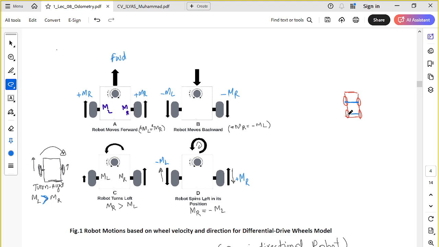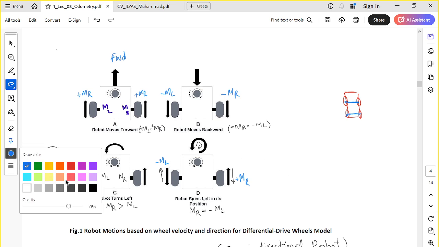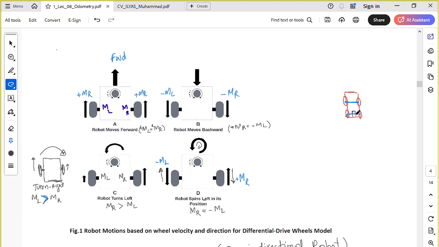They are not independently driven, right? Your power is on the rear wheels, so you provide the power and it will turn your wheels at the same speed, right?